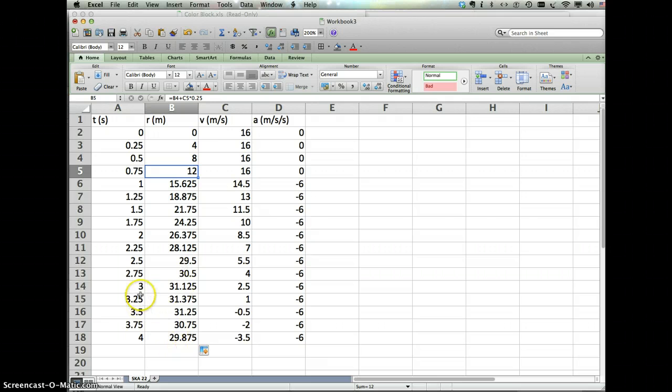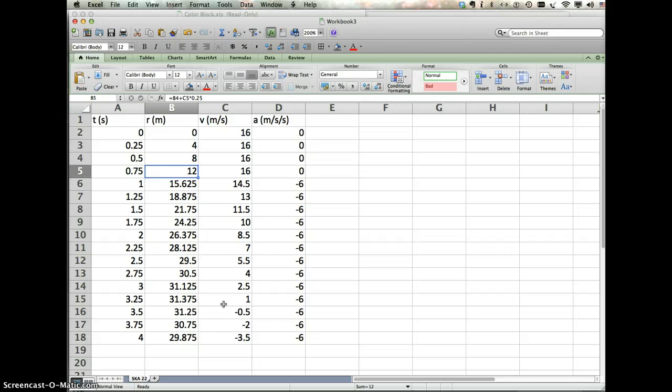And if you look down here, what I have is something pretty close, and you can also tell that you're supposed to be coming to a stop, so the velocity should be going to zero around 3.4 seconds. So we can see that we're in the ballpark, and typically if you get this close, you know that you've done it properly.